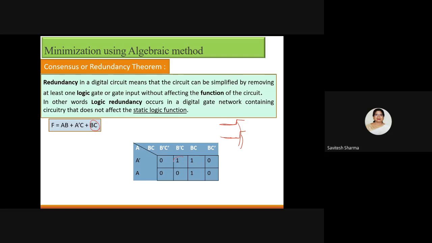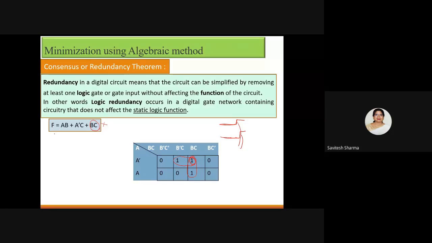So if I am mapping the A complement C here, so this will be this. If I am mapping the A B here, these are the ones that will map 1 1. So you see that this one is common, and this one is actually coming twice. So that BC is actually common in both terms. So if we will remove it, your F will still be the same.